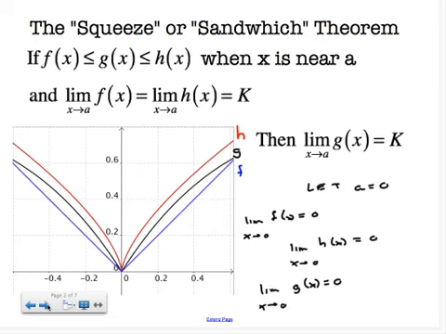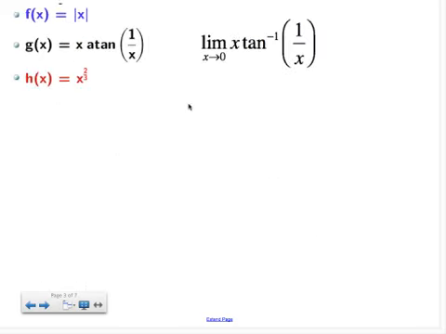So the picture, I think, helps it make sense. Let's look at an example where this would be applicable to us. We are asked to find the limit as x goes to 0 of x times the arctangent of 1 over x. Now, if we try to do a plug-in, here's what we get: 0 times undefined, because you have the arctangent of 1 over 0, which is undefined.